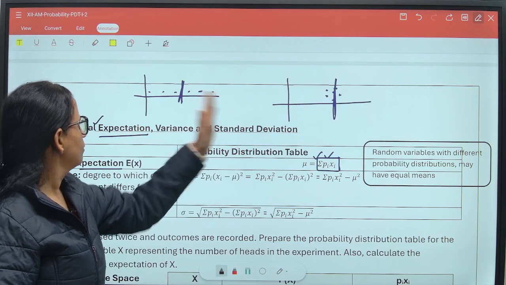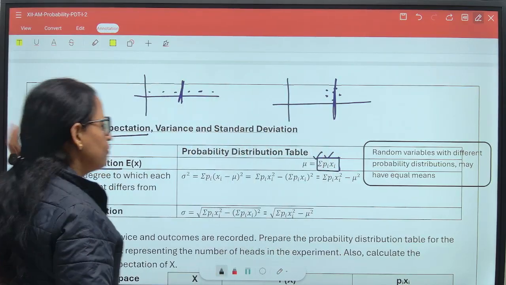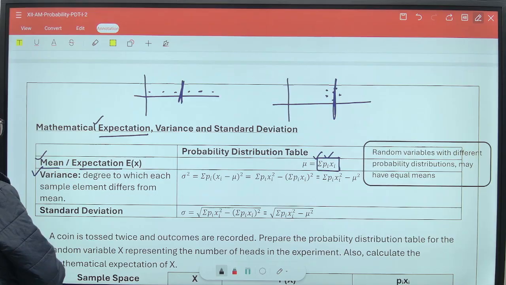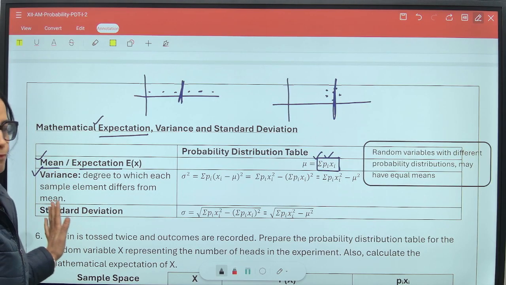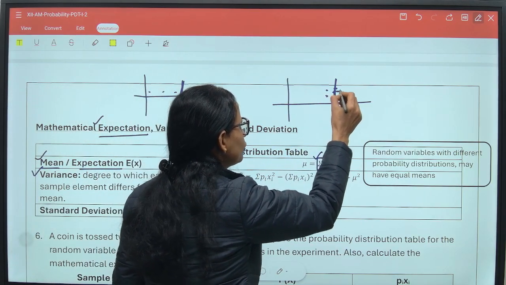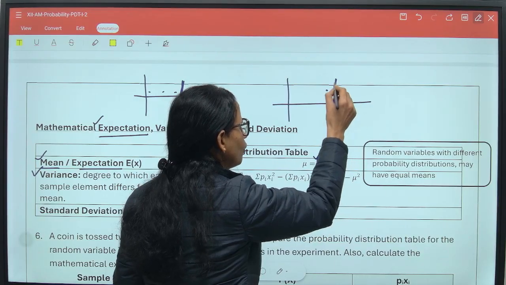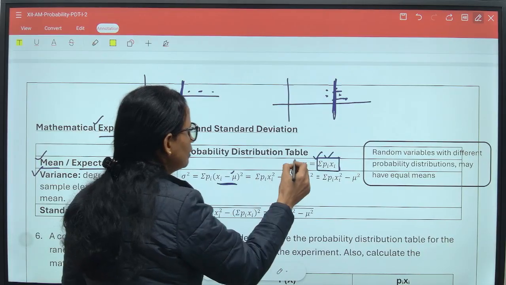Here it is more scattered. Here it is very close to the mean. So that's why we have another measure of this probability distribution table, that is called variance. So variance actually takes into account the deviation of each of these data points from the mean. So we have xi minus mu. Mu is the mean.